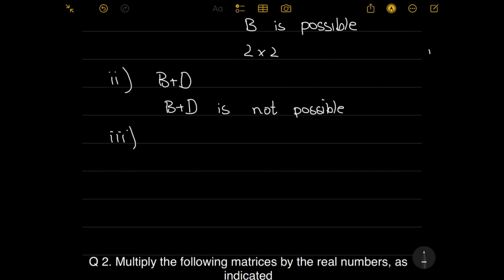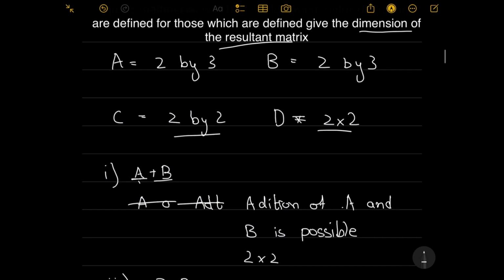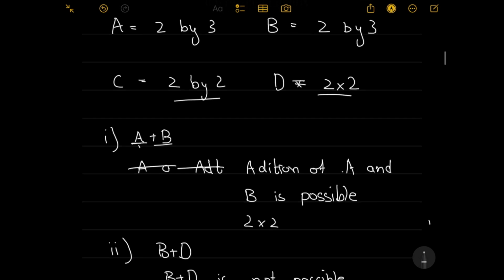Let's move to part 3. Part 3 says 3A minus 2C. Let's just ignore these 3 and 2's. It's A minus C. So A here is a 2 by 3 matrix and C is a 2 by 2 or a square matrix simply.